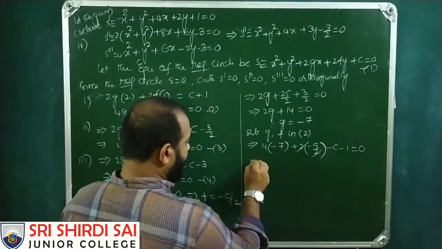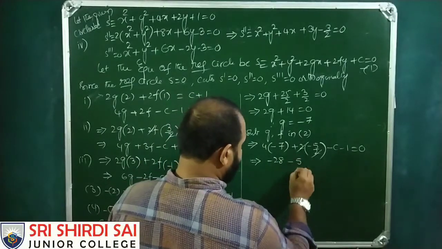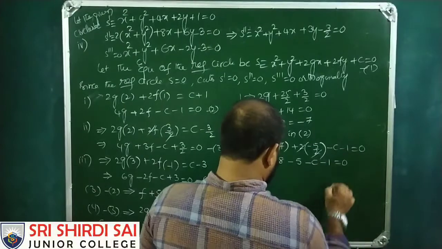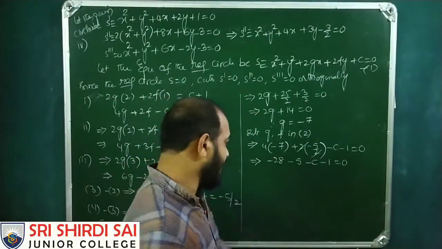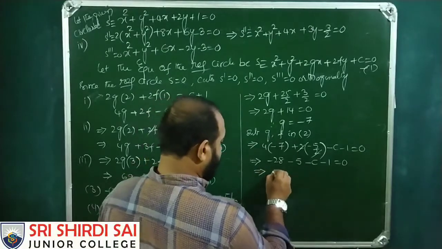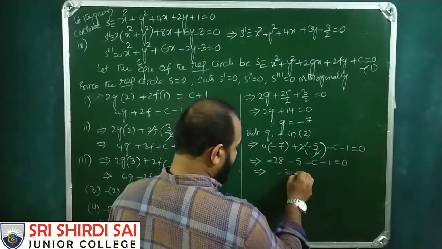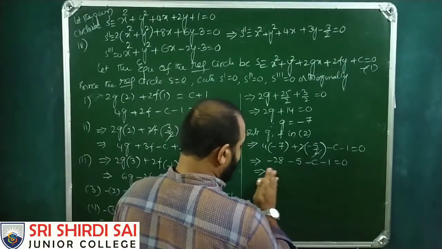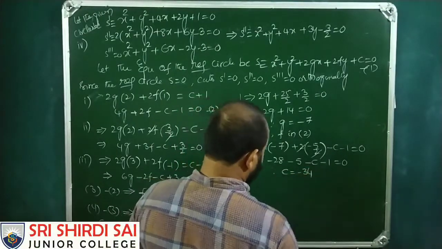The 2 gets cancelled. Minus 28 minus 5 minus c minus 1 equals to 0. Minus 28 minus 5 is minus 33, minus 1 is minus 34. So minus 34 minus c equals to 0. C is equals to minus 34. Therefore c is equals to minus 34.